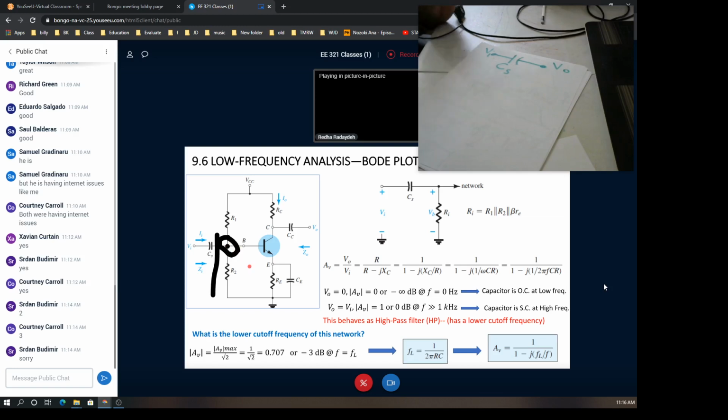We are doing AC analysis. In the AC analysis, the DC source will be short circuit. So these two resistors will be connected in parallel. In addition to that, we will replace the diode, which is here, by its internal resistor, whose value is beta times Re.